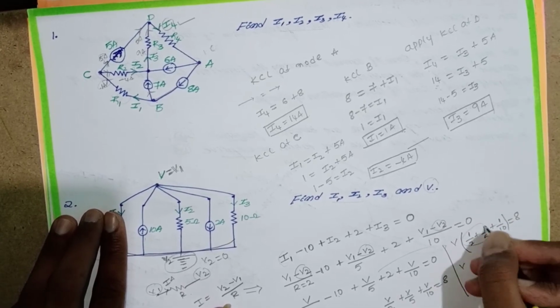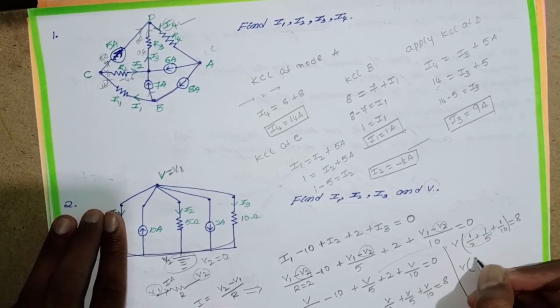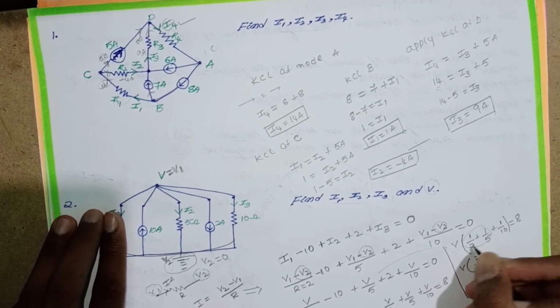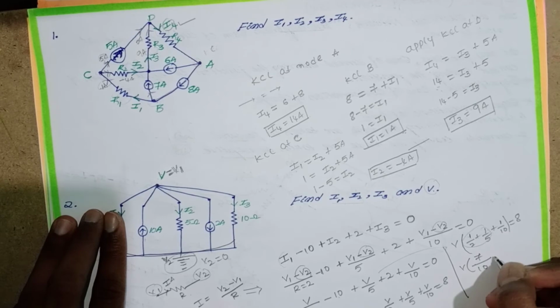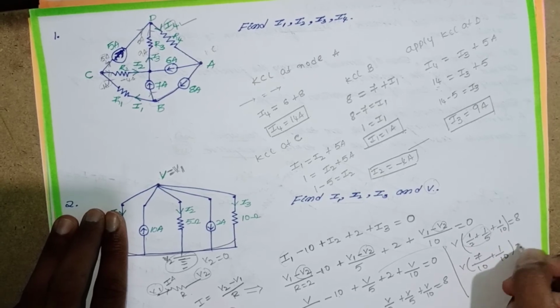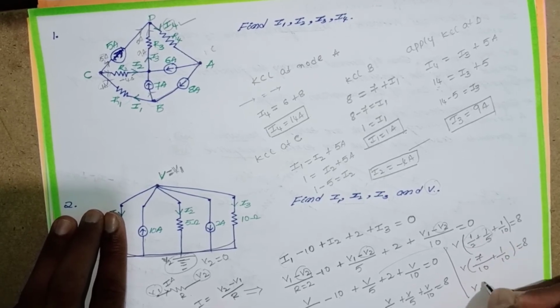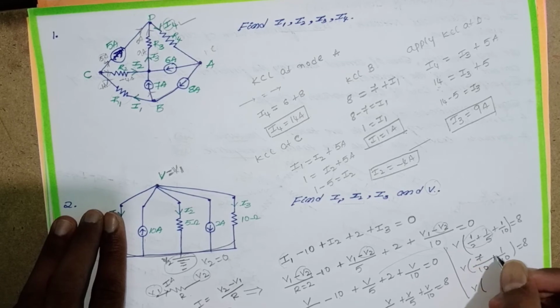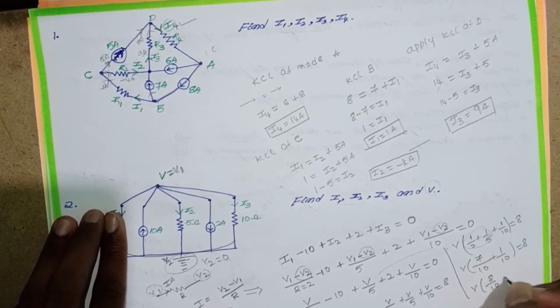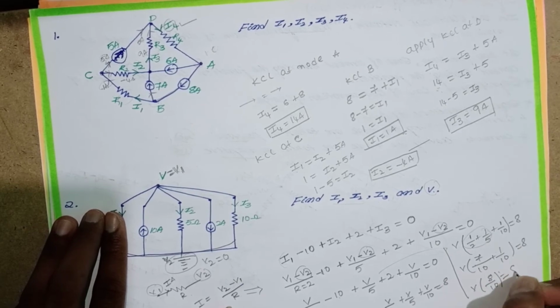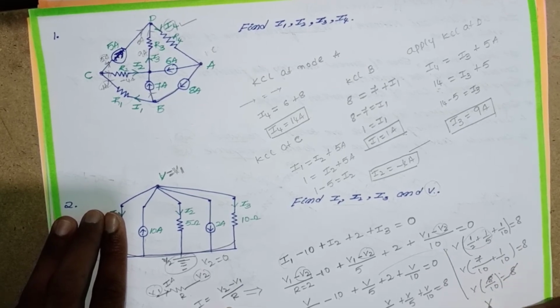I take the LCM. 5 plus 2 is 7, so 7 by 10 plus 1 by 10. 7 plus 1 is 8. 8 by 10 is equal to 8. This 8 cancels. V is equal to 10.